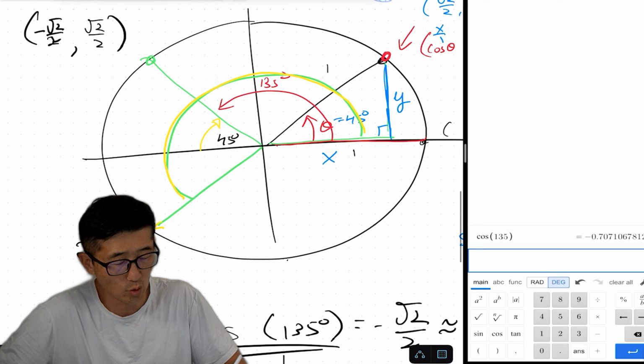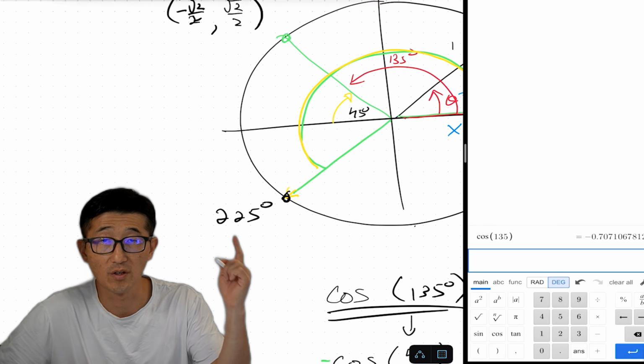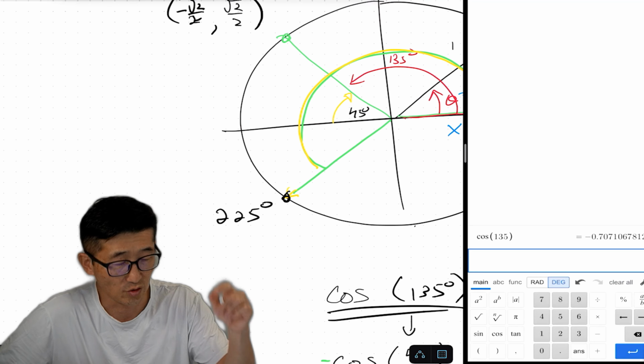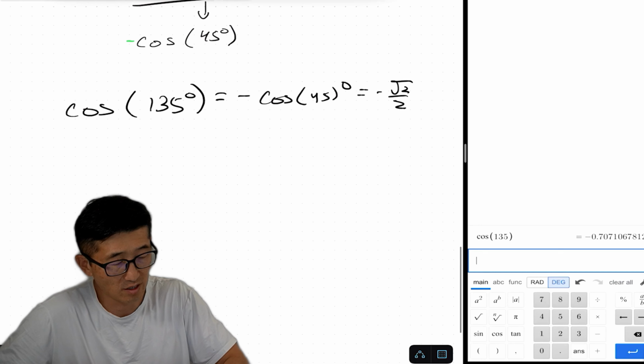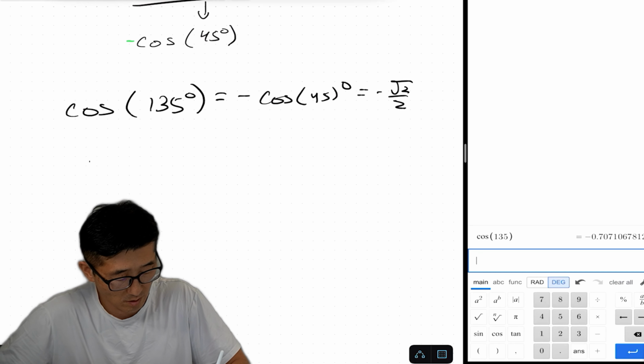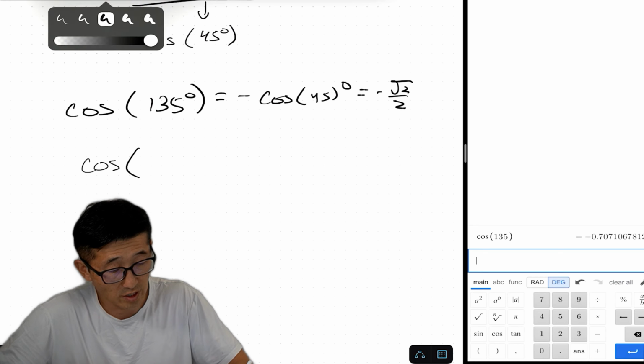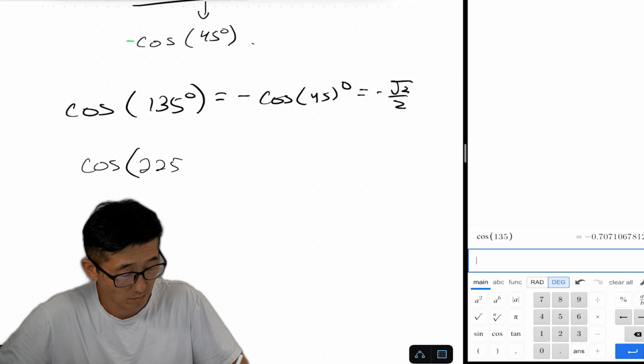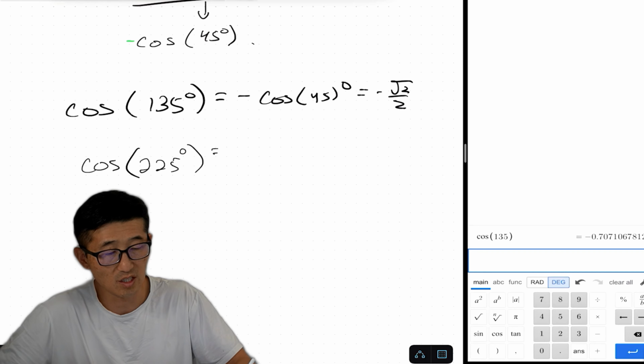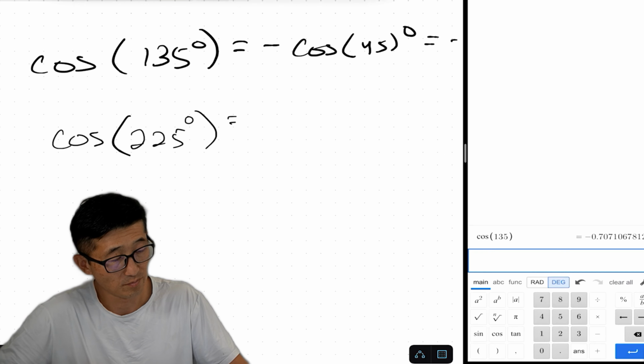Okay, so what's our coordinate at 225 degrees? Well, how do we write it? We say cosine of 225 degrees is equal to what? What would you write?